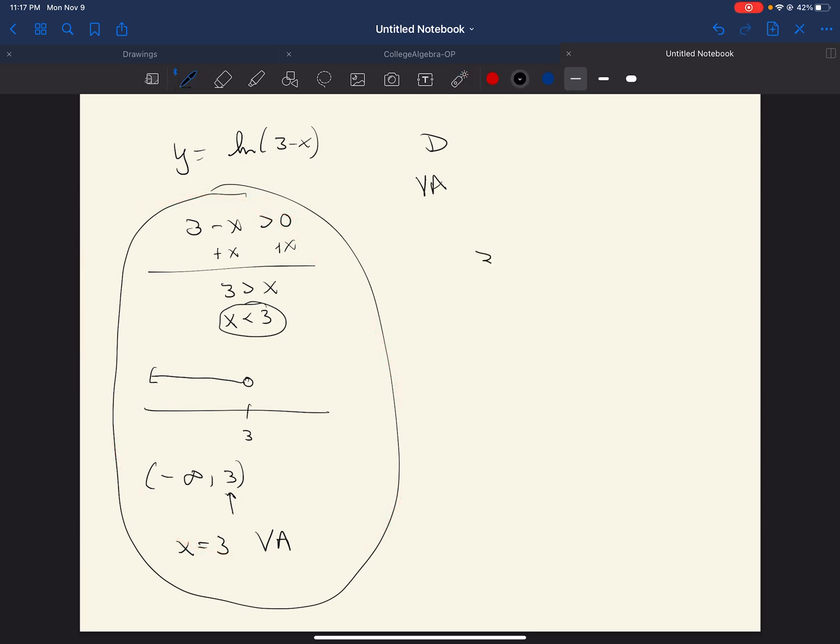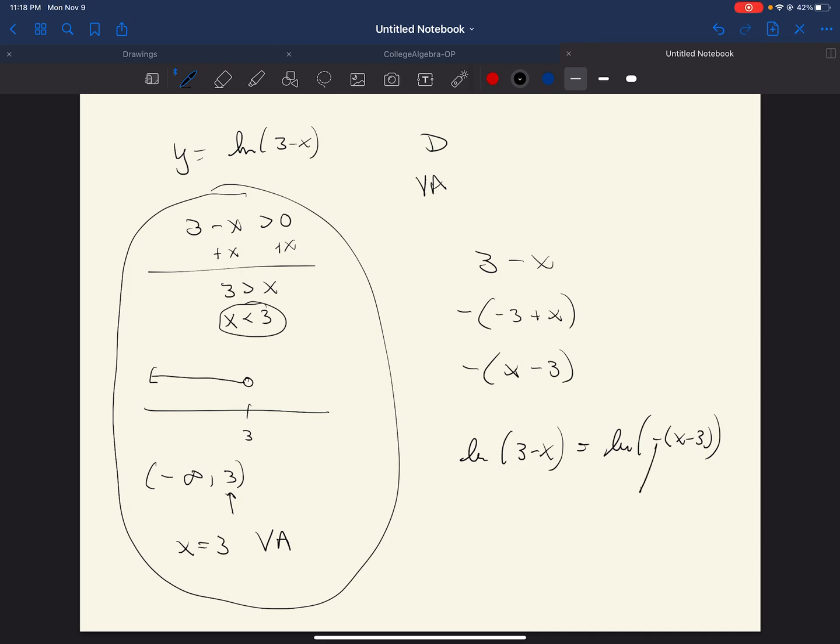If I took 3 minus x and pulled a negative out, I would get negative 3 plus x. And if I rewrote that, it would be negative x minus 3. So ln of 3 minus x is really the same as ln of negative x minus 3.